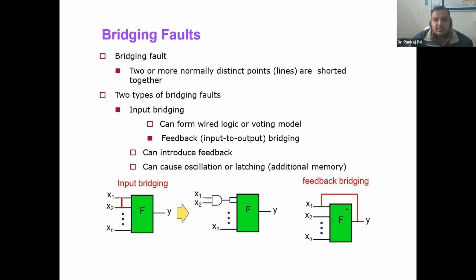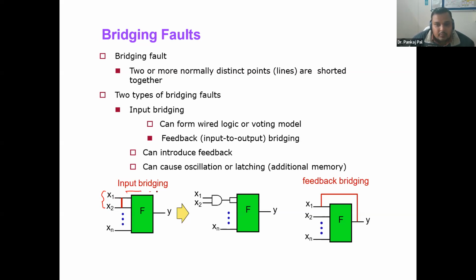Now, another thing is the bridging fault. As I already told you, a bridging fault is when X1 and X2 become shorted. How they become shorted, we have already seen: either because of dust particles or because of masking issues. This is known as the bridging fault. Ideally, X1 and X2 are two separate inputs, but internally, because of the fault, they get bridged.